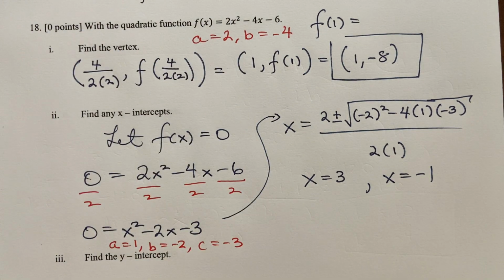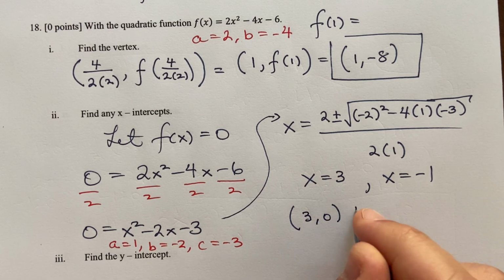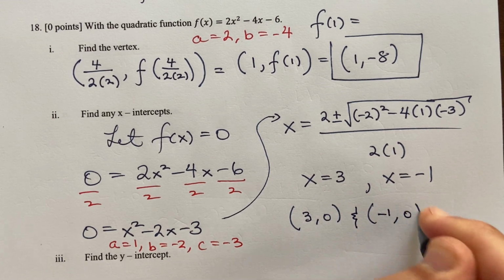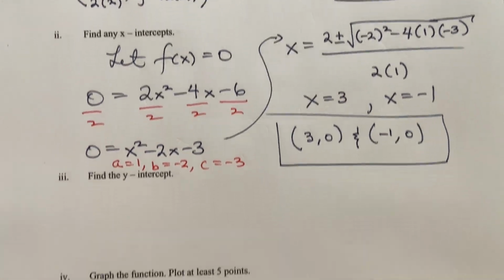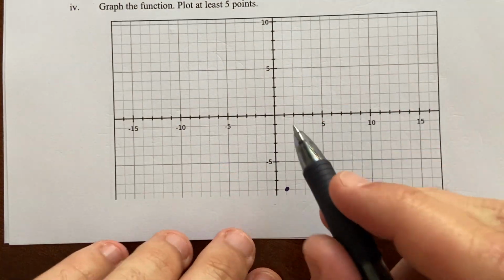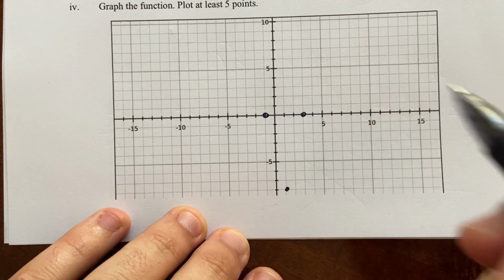So my intercepts, just to write them as points, would be 3, 0, and negative 1, 0. Okay, so I can actually go ahead and plot those. So 3, 0, and negative 1, 0.